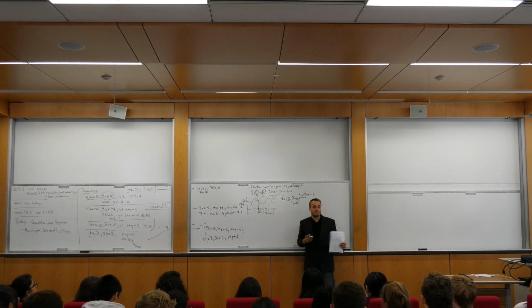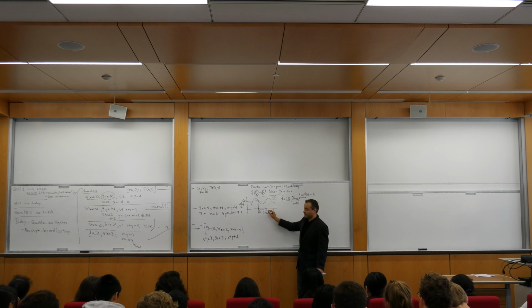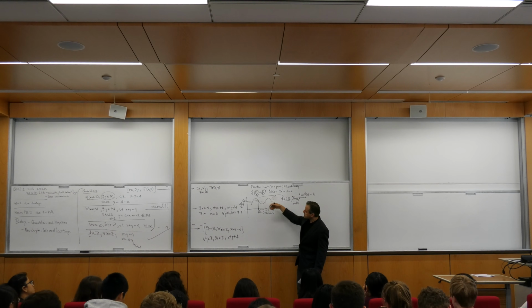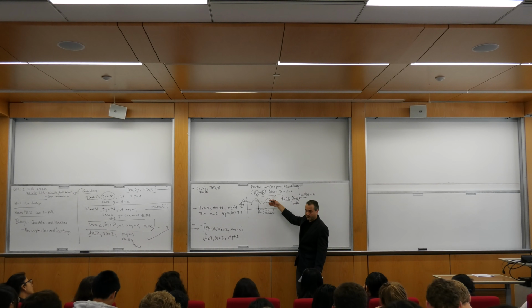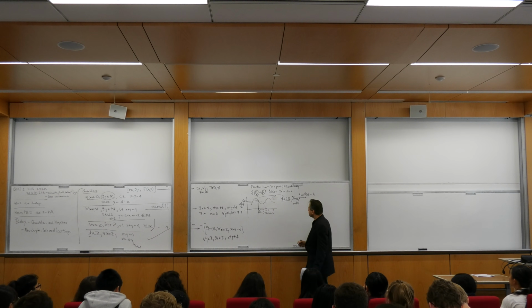So I could apply sequences to make this very formal. Any particular sequence of x's that goes to a, it could be jumping around, produces a sequence of values, if you apply f to it, that converges to this value f of a.